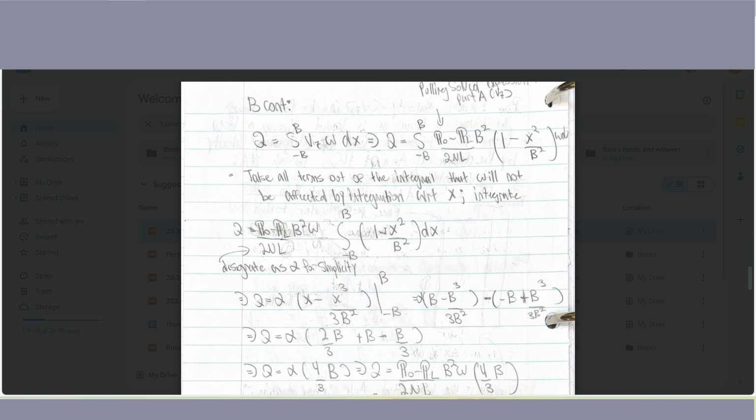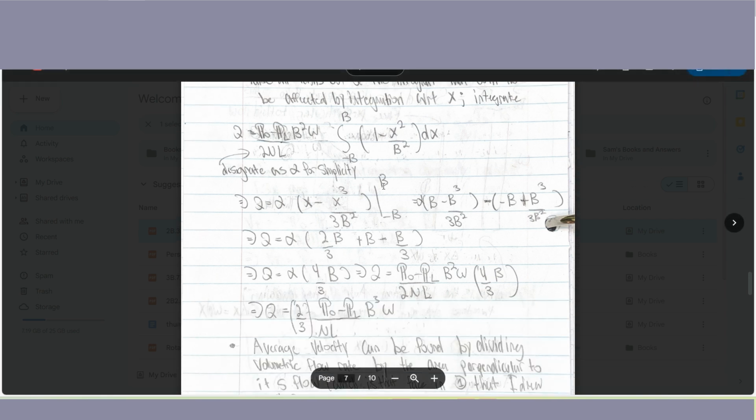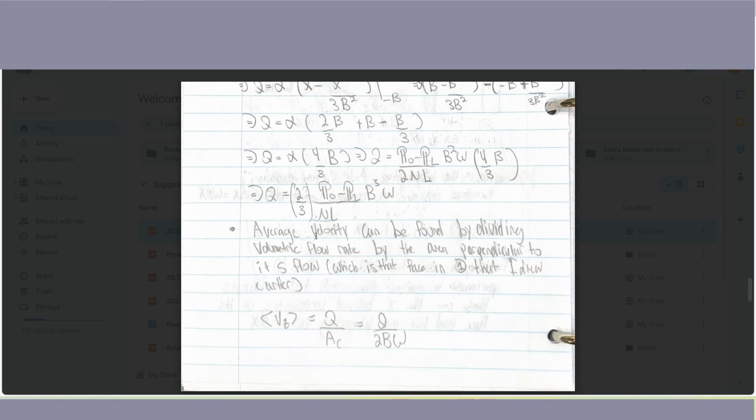So yeah, we're just integrating this now. I designate this as alpha so I don't have to write it over and over again. Integrating. It's just math. So then Q, the volumetric flow rate, which is in meters cubed per second, equals this.